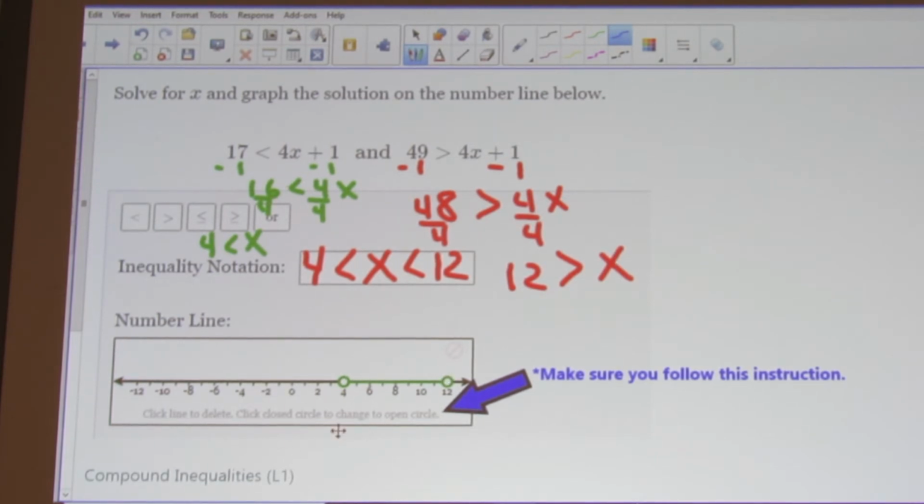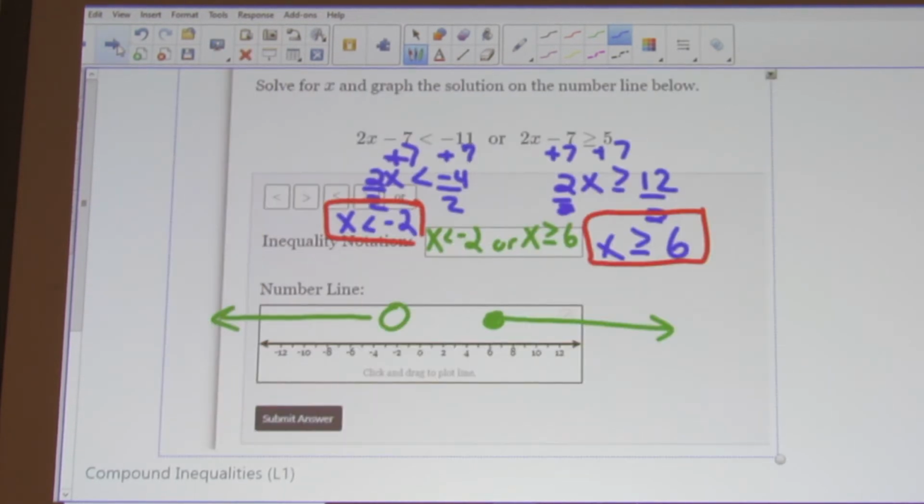Then it's your job, and it says so right here, to click on them to open them if you need an open circle, or you might leave them filled in if, let's say, there was an equal sign under here, if this was less than or equal to. Okay? So these numbers in between 4 and 12, including 4.1 and 11.86 or something like that, would all work in this inequality and in this inequality.